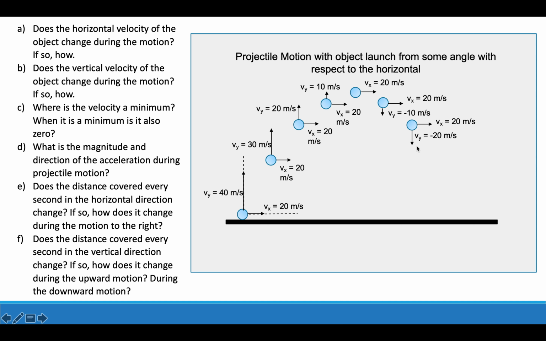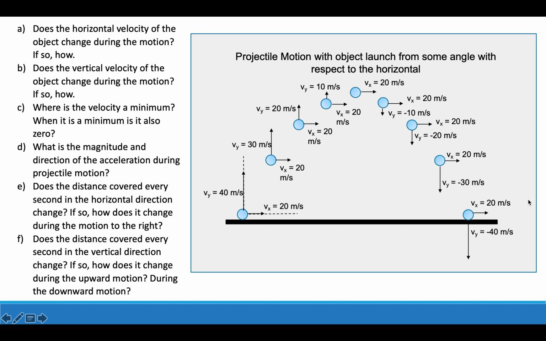As it falls, the vertical velocity increases by another 10. Horizontal stays the same, and so on until it gets back to the position that it was launched at vertically. Not horizontally, but vertically. You'll notice that the vertical velocity is the same as it had over here, and the horizontal velocity is still 20. So throughout the motion, the horizontal velocity stays the same.